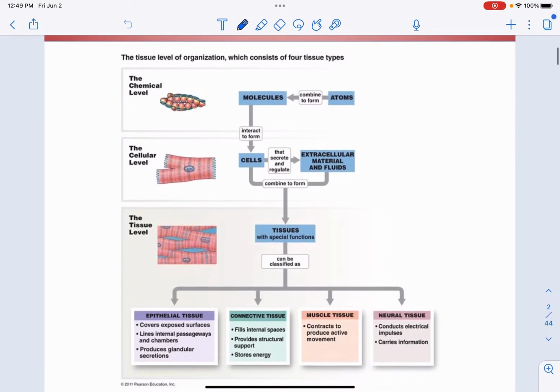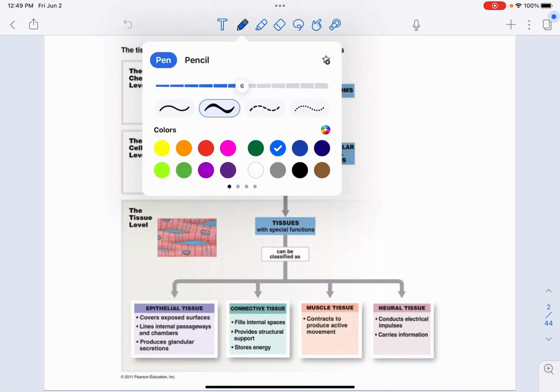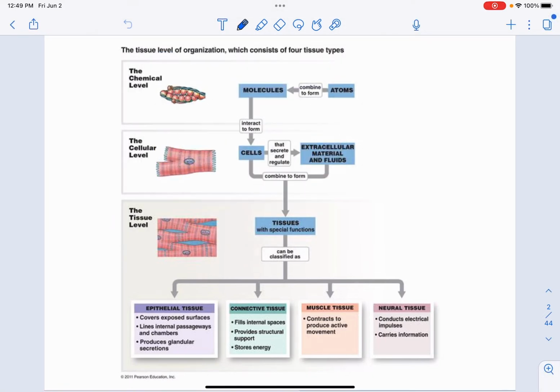So I talked yesterday, if you remember, about the levels of organization, and we talked about the hierarchy of life, and that atoms combine to form molecules, right? We talked about that here yesterday, and that these molecules can interact in a certain way to form cells.